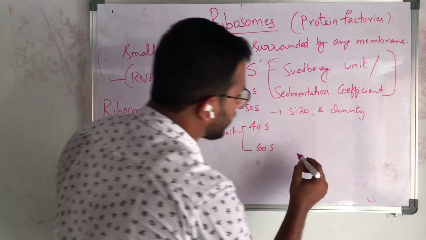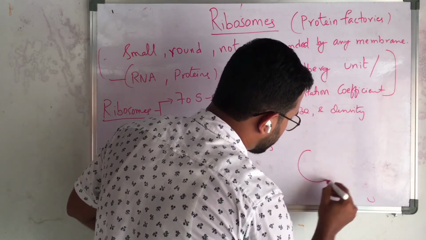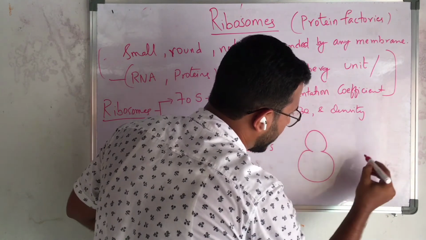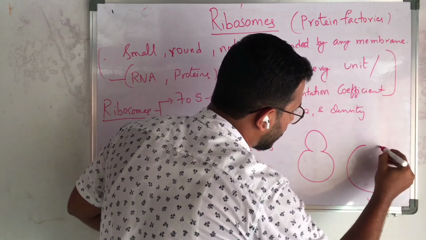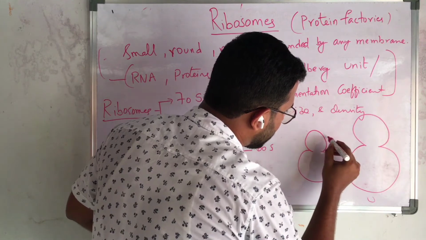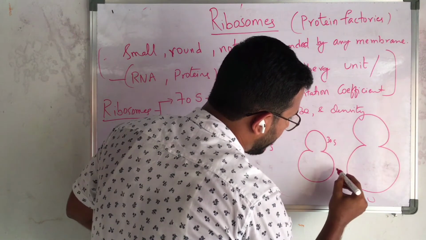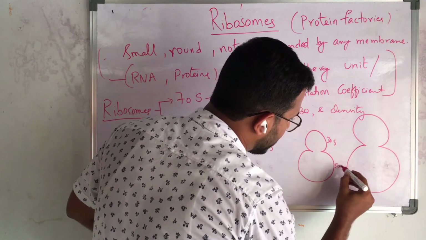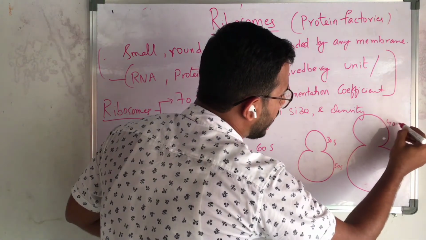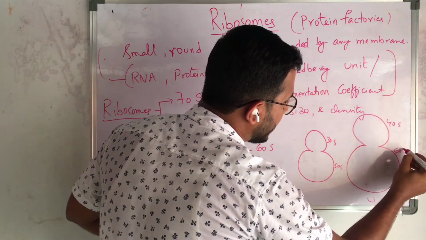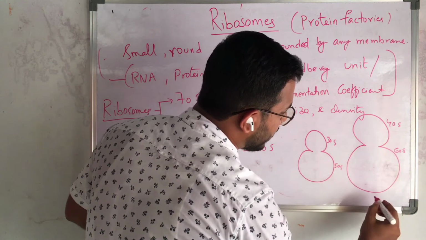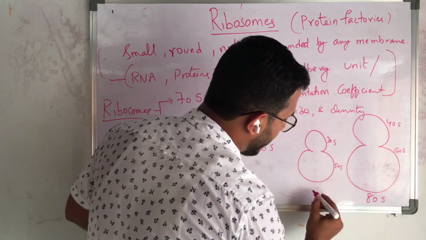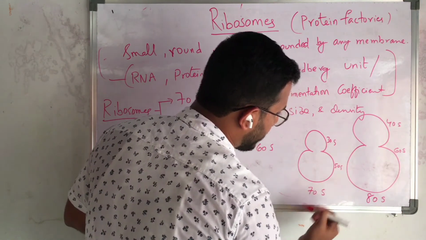This is the structure of ribosomes. They are present like this. This is the 30S subunit and this is the 50S subunit. This is the 40S subunit and this is the 60S subunit. And overall this is the 80S type and this is the 70S type of ribosome.